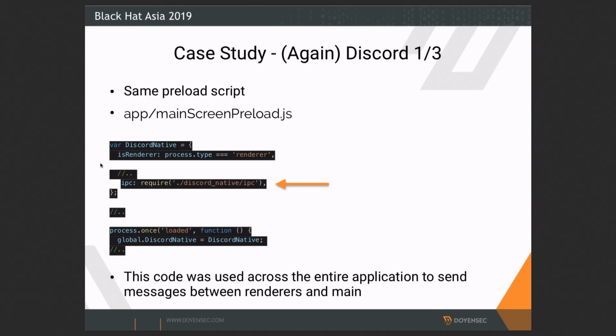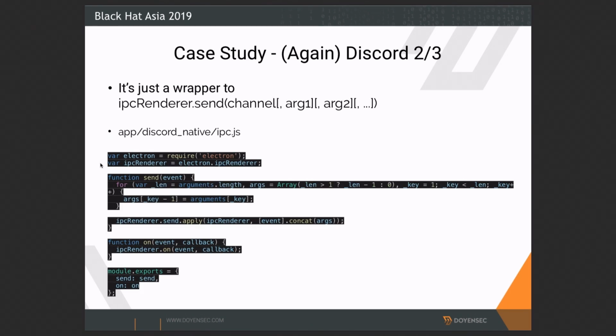So if you think that's too easy, well, let's analyze another example on the same application, just a different version. The same preload script also was importing this module called IPC. What is IPC?